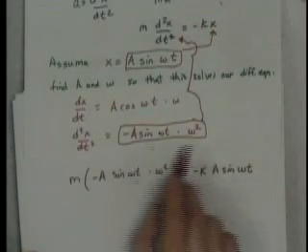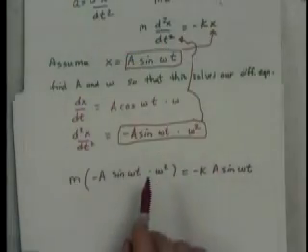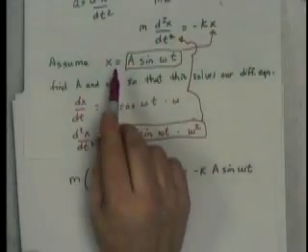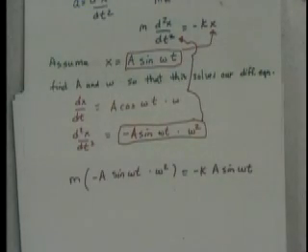All I did was put what we just solved for the second derivative in for the second derivative in the equation, and I put what we had written down as x in for x, and then we're going to cancel off what we can.